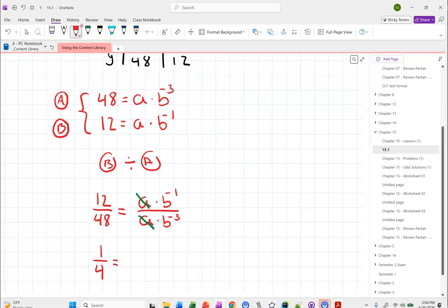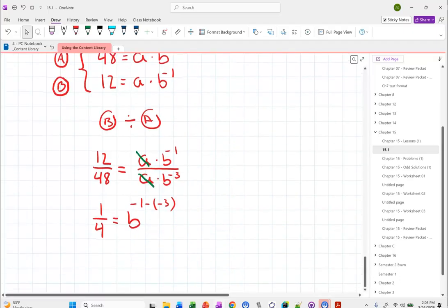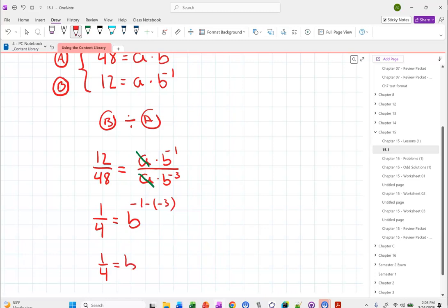So I'll reduce 12 over 48. And that's going to be the top minus the bottom exponent. What's -1 minus a -3? What's that equal? 2 is correct. Is everybody so far so good?